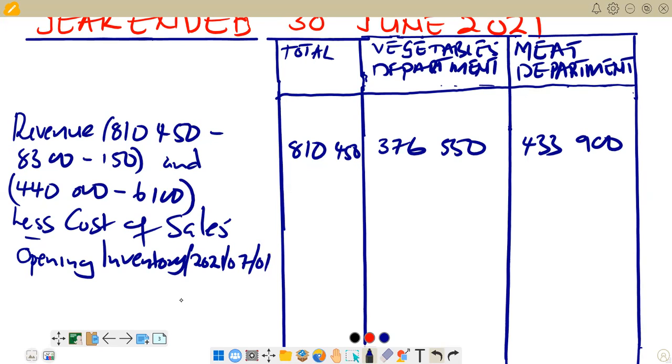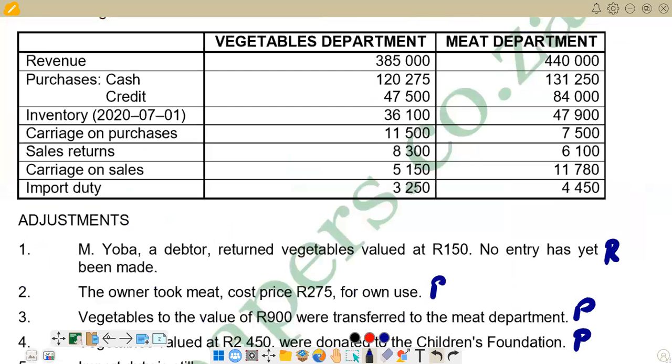That's where the financial period starts. Then we can go and see the figures for opening inventory that we have in the question. So if you come here, the figures for opening inventory are here. You have 36,100 for vegetables and 47,900 for the meat department.